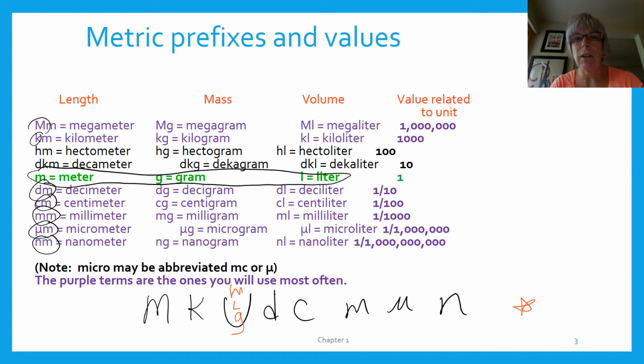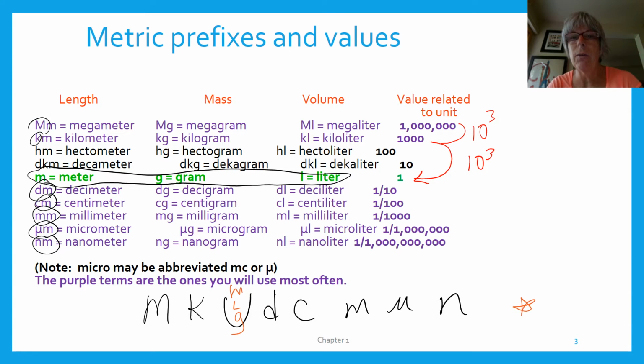But we're going to put everything in order this way, and what I want you to notice right now is that as we go from mega to kilo, a megaliter is 3 powers of 10 greater than a kiloliter, so it's 10 to the third power difference here. Between the kilo and the units place, it's another 10 to the third power difference because it goes from 1 to 1,000.